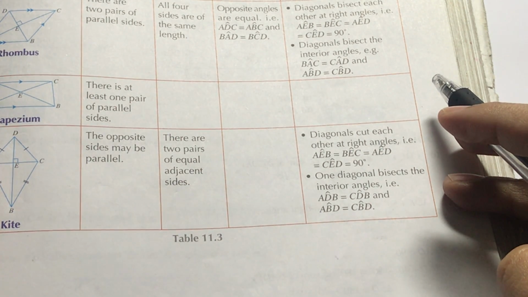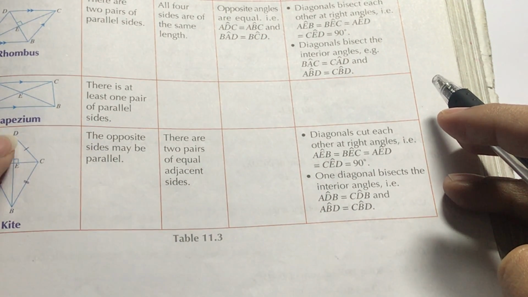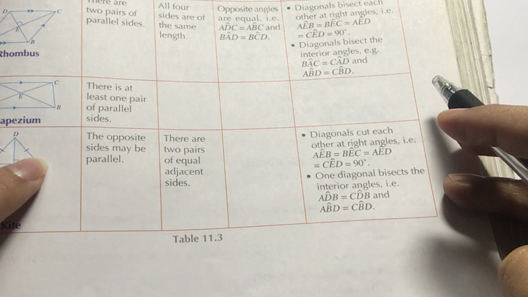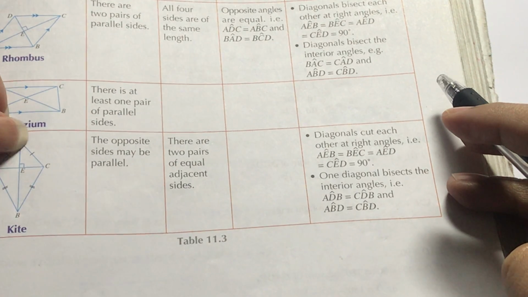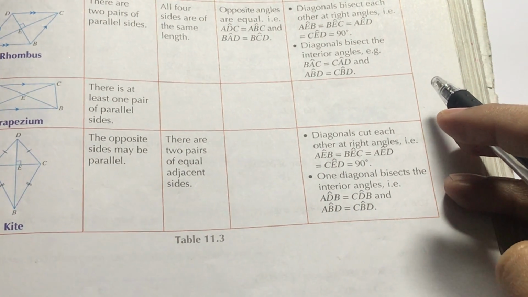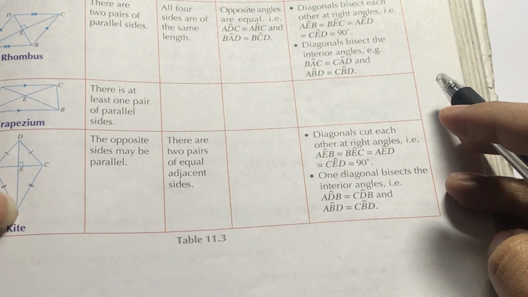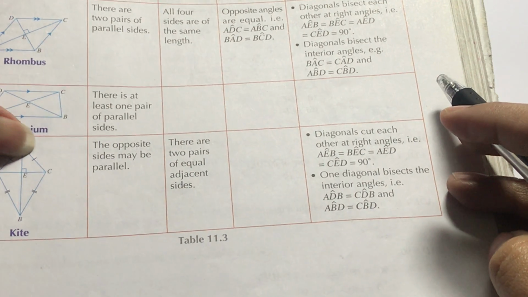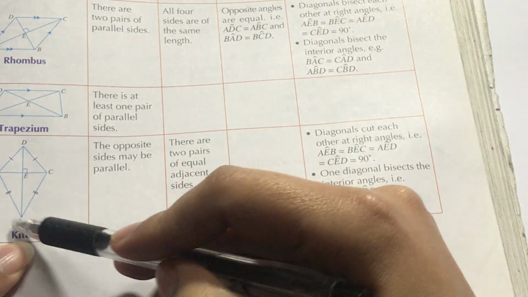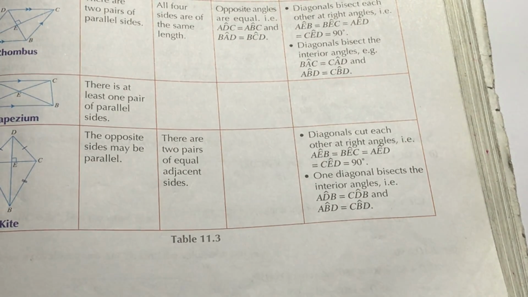And ABD and CBD, these two parts would be equal, right? So the longer diagonal that is joining your opposite vertices will bisect these two interior angles into two equal parts.